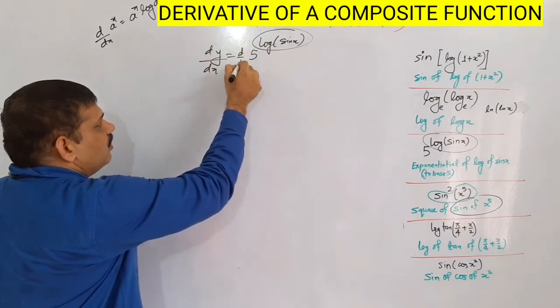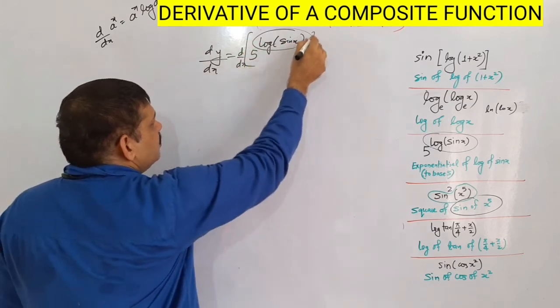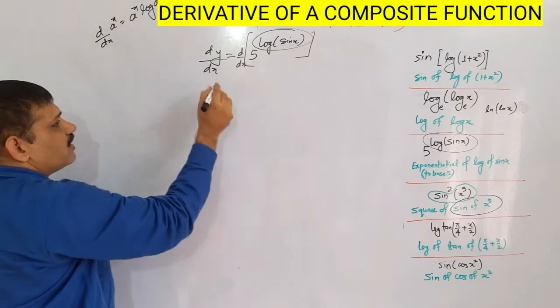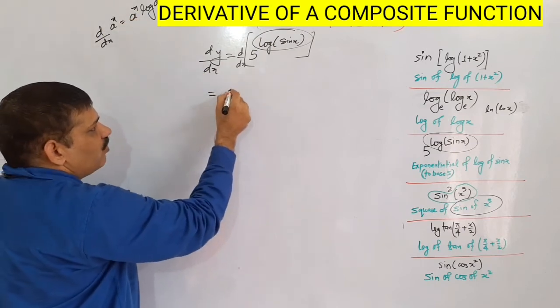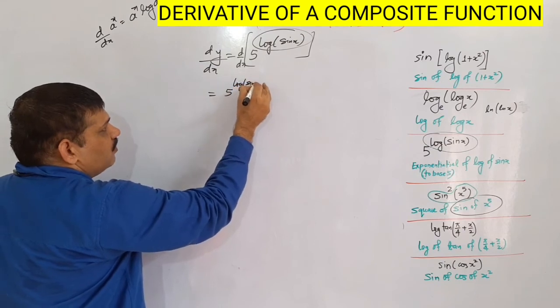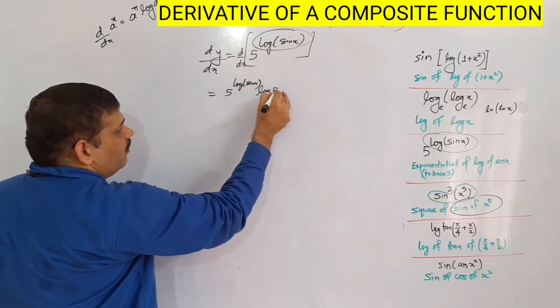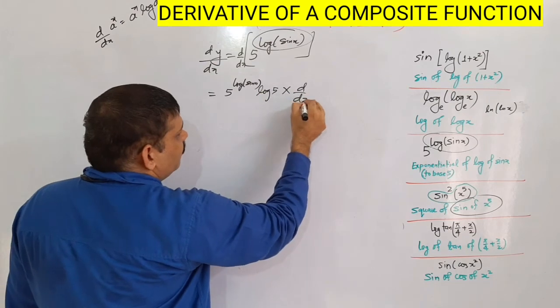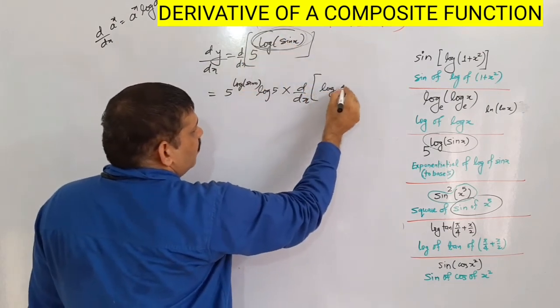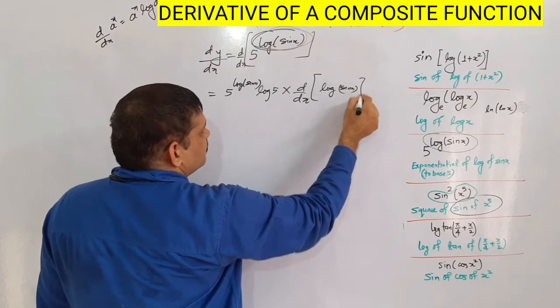I am writing here the derivative of this whole function. Now derivative of 5 raised to u, that is a raised to x, is 5 raised to u into log 5, multiplied by the derivative of that which we have treated as u, that is log of sine x.